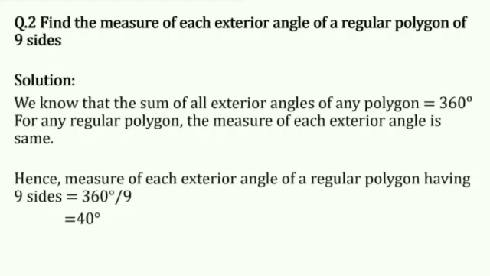Now because all the interior angles are equal, obviously the exterior angles are also equal. So the measure of each exterior angle is same. So directly we will divide the sum, that is 360 degree, by number of sides, that is 9. So we'll get 40 degree, which is the measure of each exterior angle of a regular polygon with 9 sides.